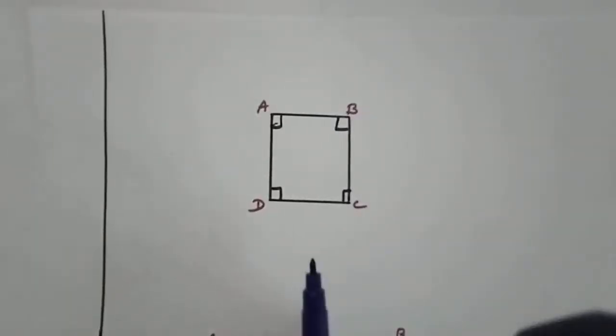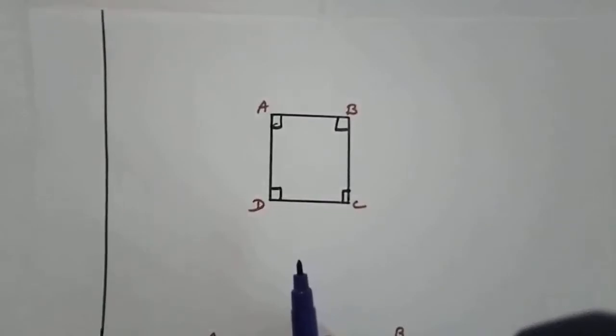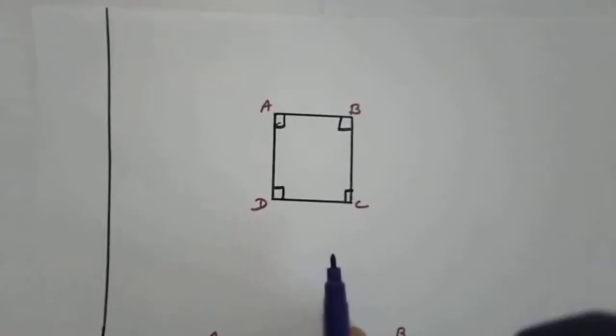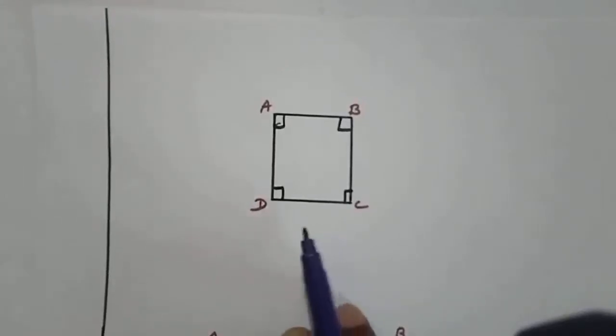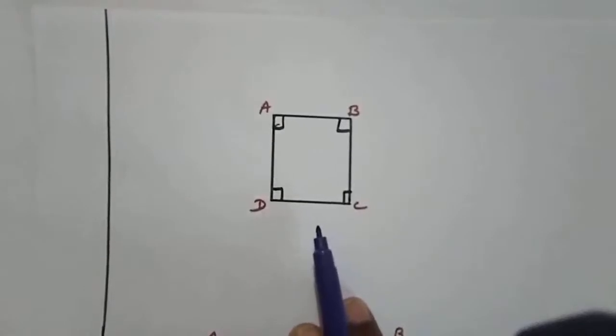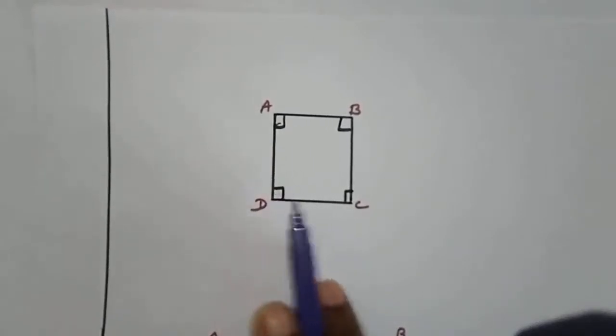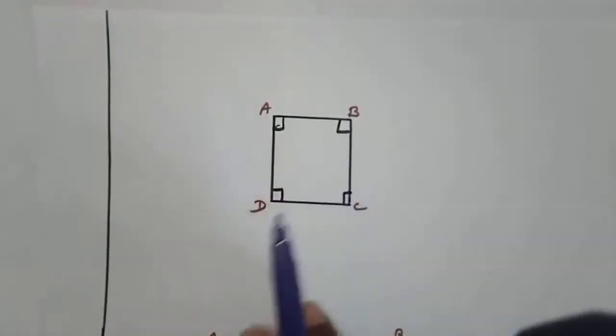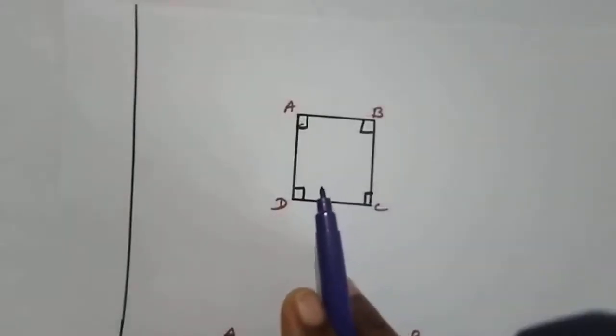What is the name of this shape? Yes, it is a square. What do you know about a square? Yes, it has four sides and four angles. These four sides are equal and the four angles are equal, each 90 degrees. And diagonals are equal in length.